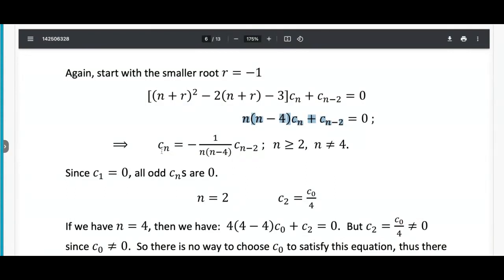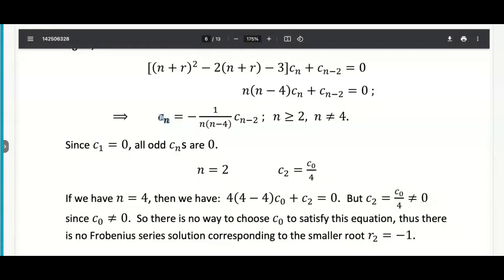Then we can rewrite it as Cn equals -1 over n times n minus 4, times Cn minus 2. So we found a recursive relation between the nth term and the n minus 2 term. This is for n starting from 2, and of course not for n equals 4.